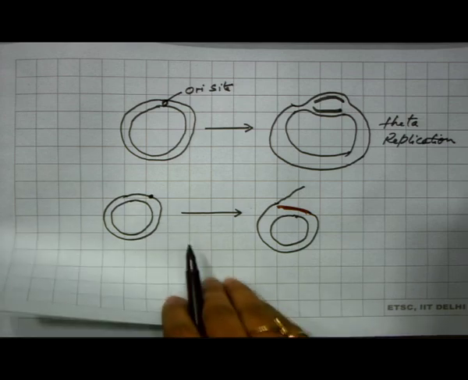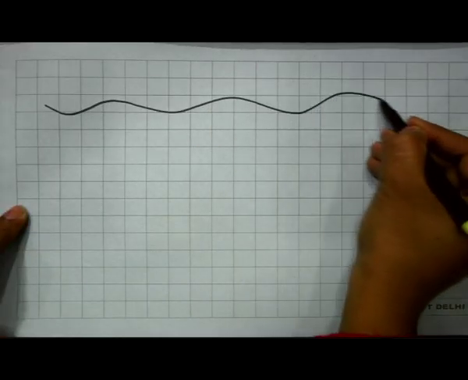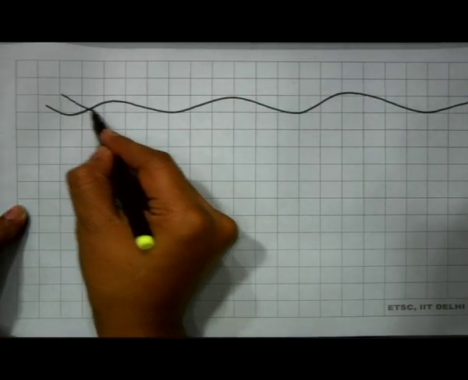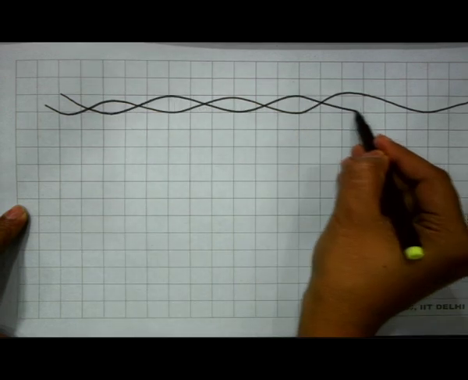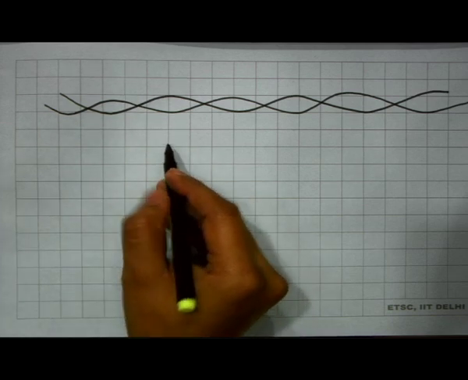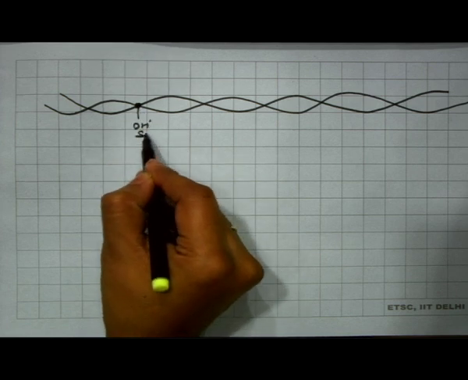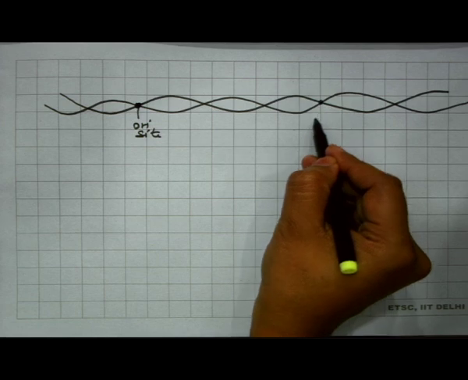And the last type is linear eukaryotic replication, in which the DNA will be replicated at multiple sites wherever the ori will be there. Suppose here we have an ori, here we have an ori.